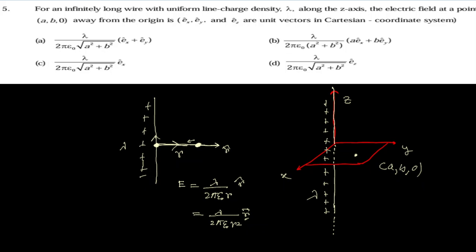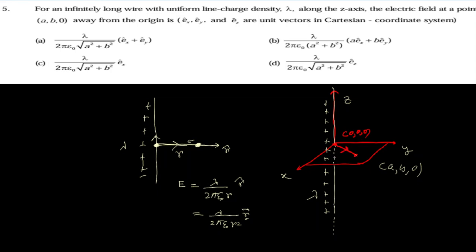So in this question also we have an infinitely long charge-carrying wire, and we have to calculate the electric field at this point. From this point, if we draw a perpendicular line on the wire, it will go like this and cut the wire at the origin. So the coordinate where this line cuts the wire is (0, 0, 0), and we know the coordinate of this point.